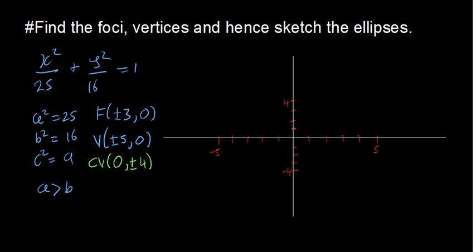So for the foci we have one at negative 3 and positive 3. So we have one here at negative 3, and another one here at positive 3. So you can indicate that this is your F1 and this is your F2. For the vertices, I can say this is my V1, this is my V2. Then here I can have my CV1, and here my CV2, co-vertex 2 and co-vertex 1.